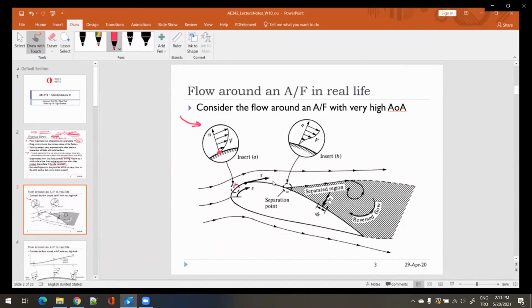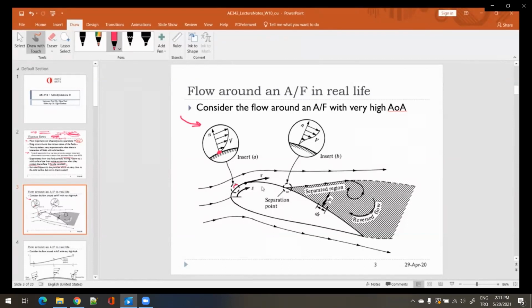Now, in real life, there will be a pressure gradient along these surfaces, and we have learned how to calculate those. We have learned, for example, how to calculate the CP distribution on an airfoil, which is the pressure distribution on the airfoil.